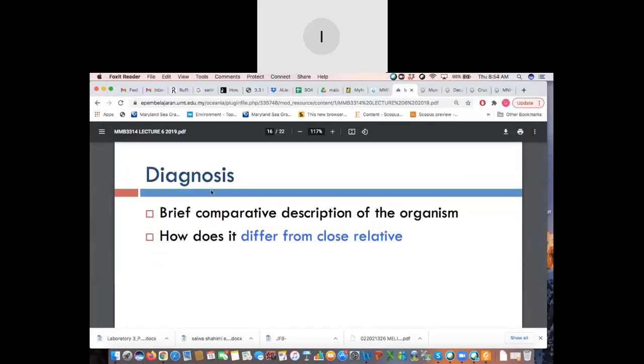A diagnosis is a brief comparative description of the organism and how it differs from close relatives. Imagine a medical diagnosis: you have some particular signs that you're sick. But then another person, patient A, has similar signs, but his symptoms are a little bit different.